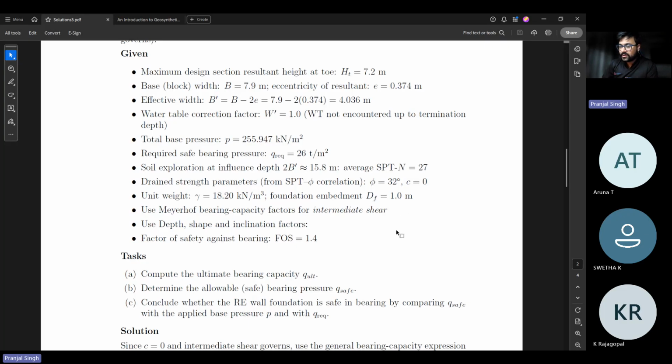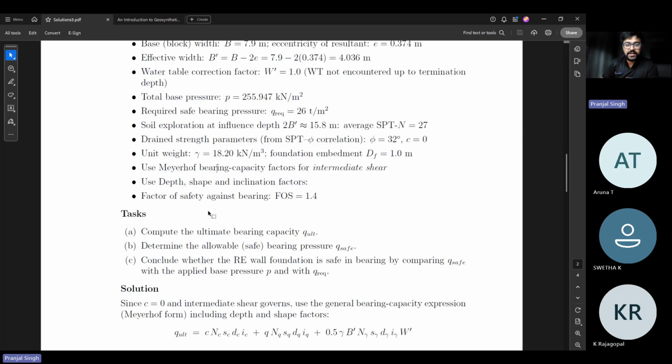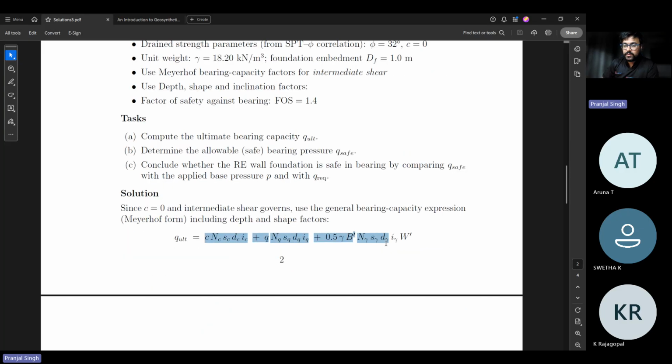It will be in the category of intermediate shear, so you have to interpolate the values. Depth, shape, and inclination factor: shape and inclination factors won't be there. Depth factor you have to calculate, and the factor of safety against bearing capacity failure has to be taken as 1.4.